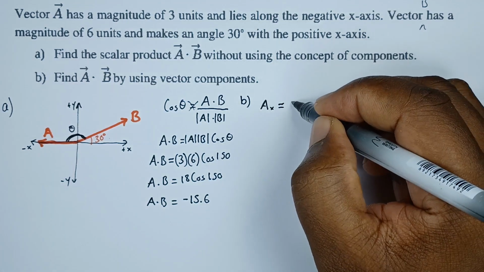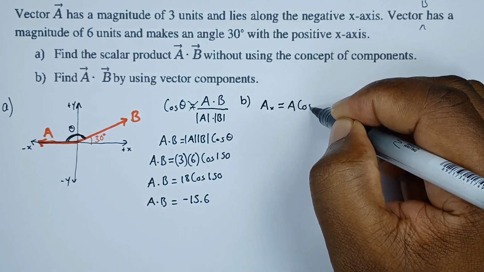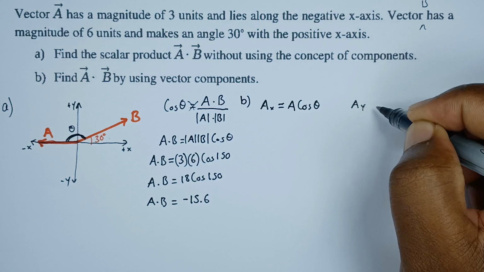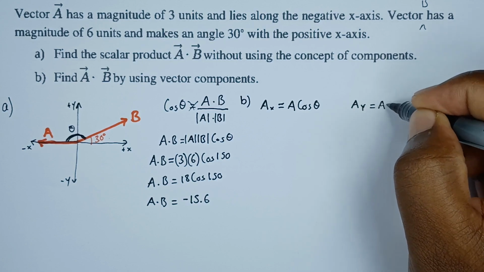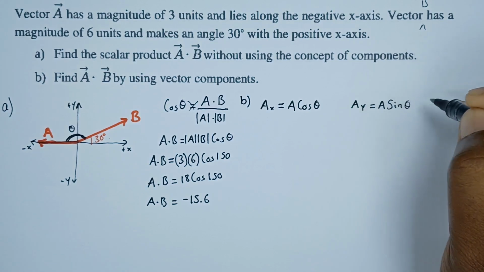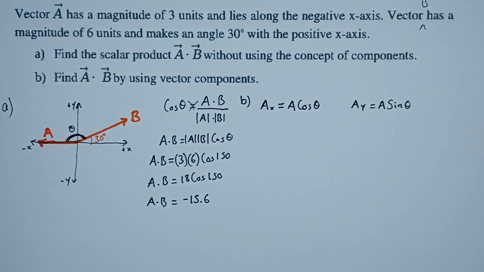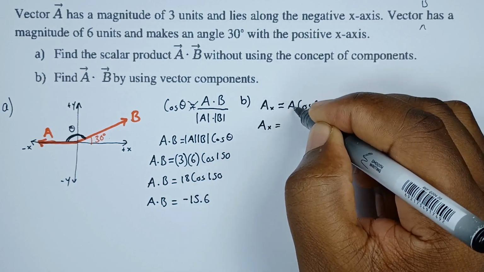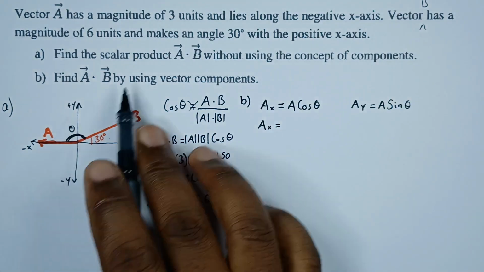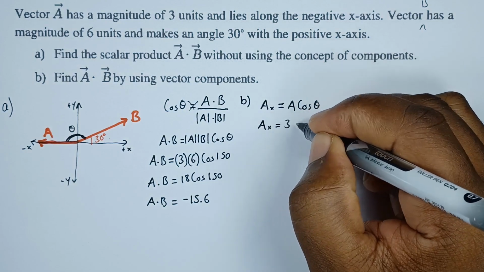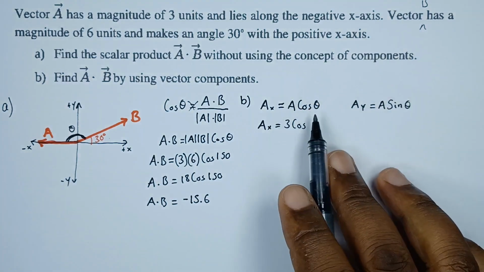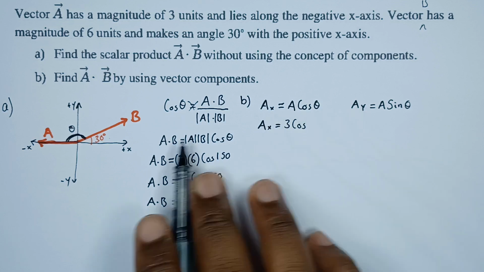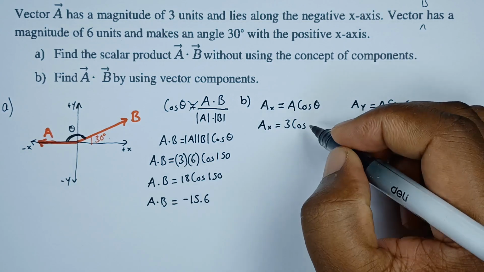X is given by A cos theta, and the component for Y will be given by A sine theta. So Ax, now what is A? The magnitude of A, remember, is 3. So 3 cos. Now this theta is representing the direction for the vector. So the direction for vector A is 180.